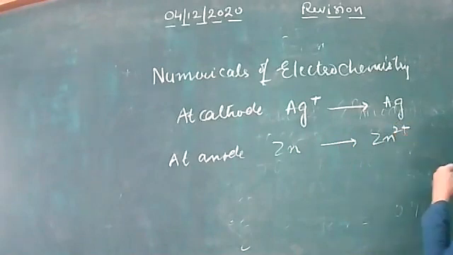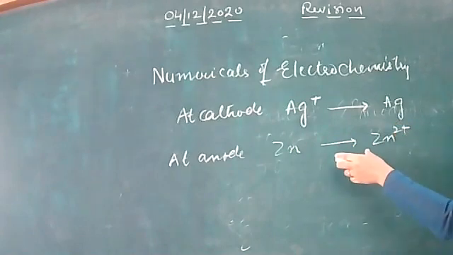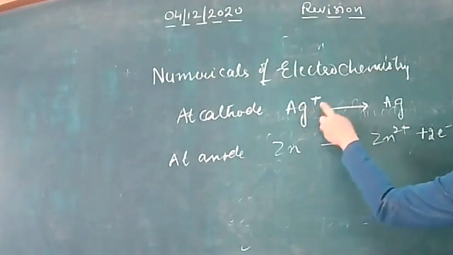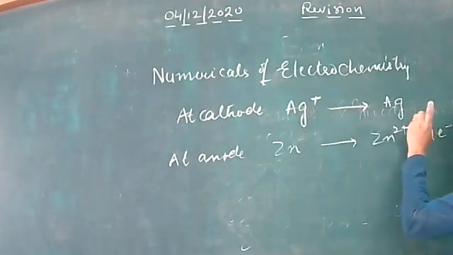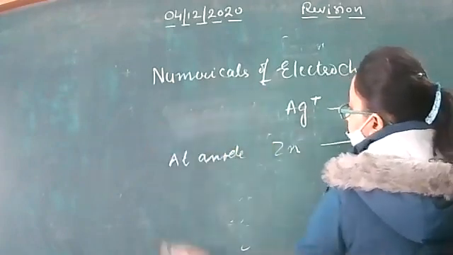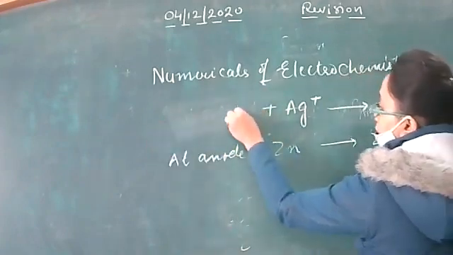Then you have to write the reaction. As it changes into Zn2+, 2 electrons are released. As it changes from Ag+ to Ag, you will add 1 electron.